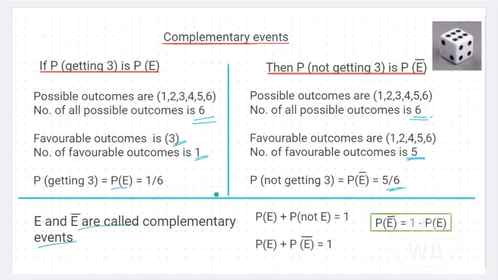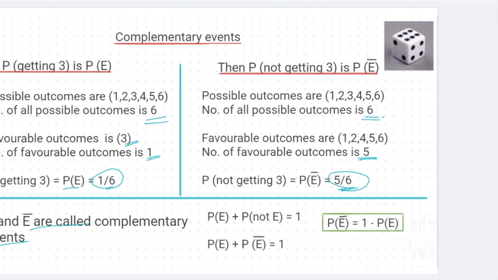E and E bar are complementary events. If we add the probabilities of these complementary events, we get 1. So P of E plus P of E bar is 1. We can conclude that the probability of E bar is 1 minus the probability of E. So that is about complementary events.